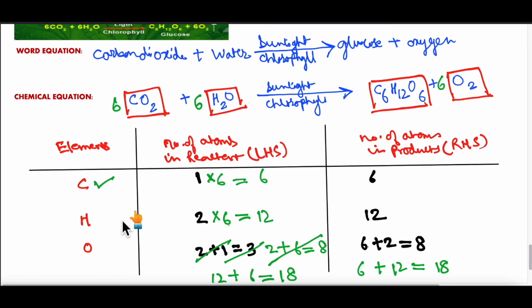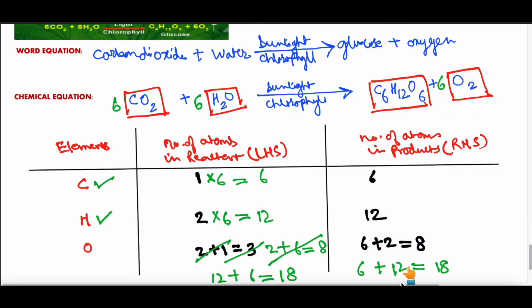Next is hydrogen. 2 times 6, that is 12 hydrogen atoms, and here 12 times 1, that is 12 hydrogen atoms. So the hydrogen element is also balanced. Next, 2 times 6, 12, plus 1 times 6, that is 6. So 12 plus 6 is 18 on the left hand side, and here 6 times 1, that is 6, plus 2 times 6, that is 12.